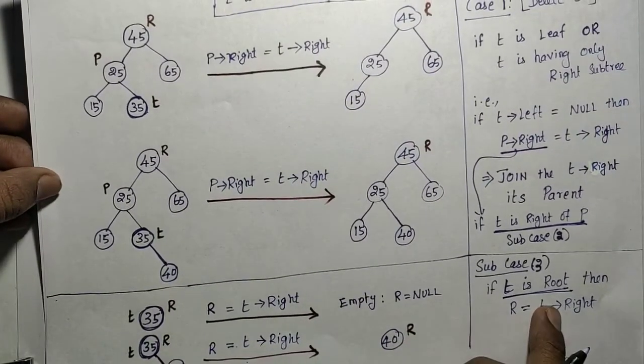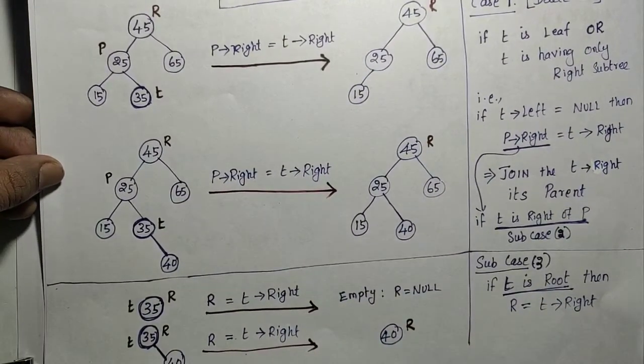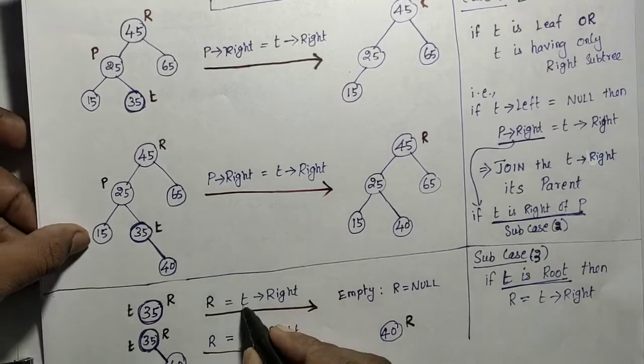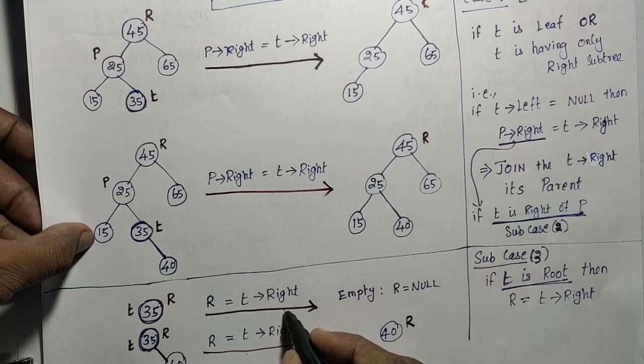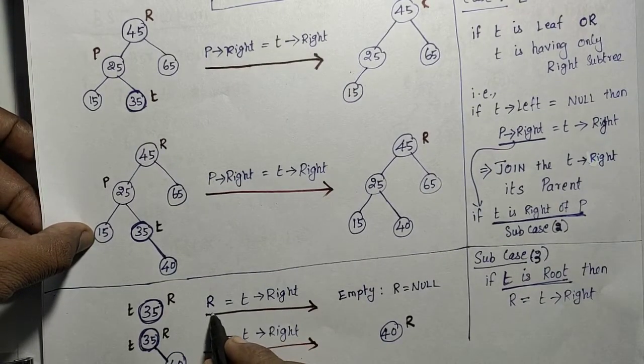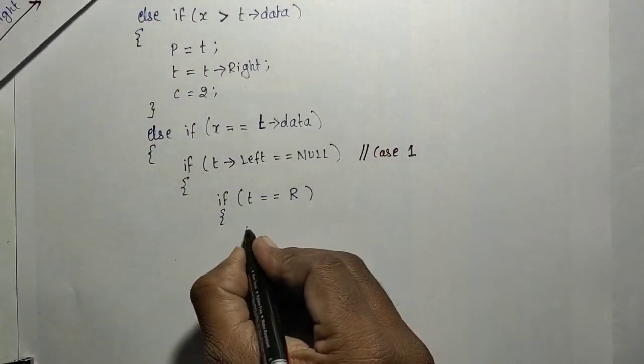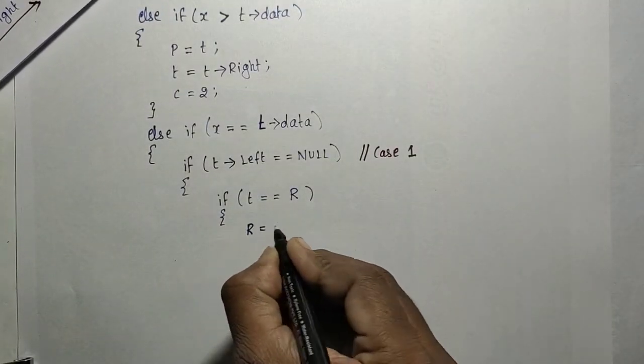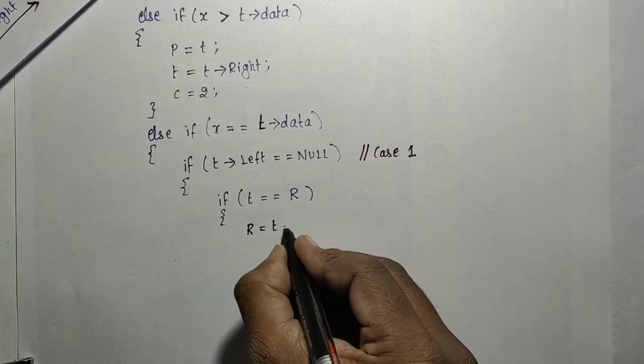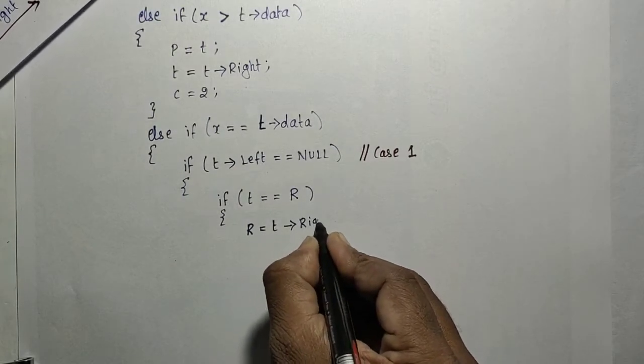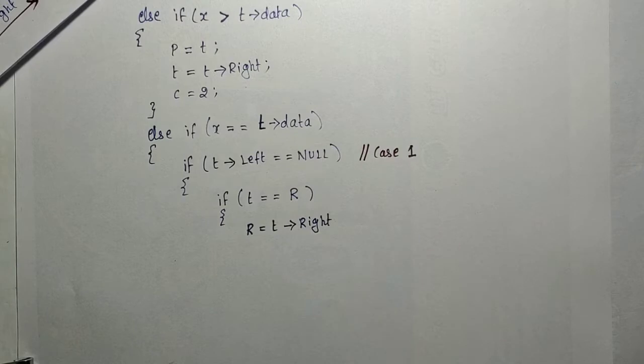Here t equal to a root, I need to link the t of right as root. Okay, so I have to update R equal to t of right.